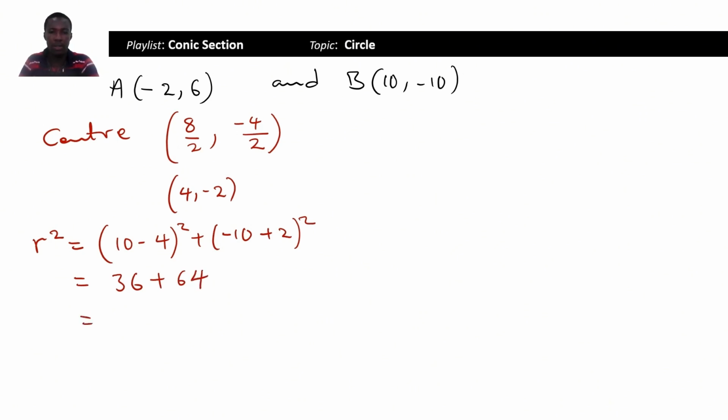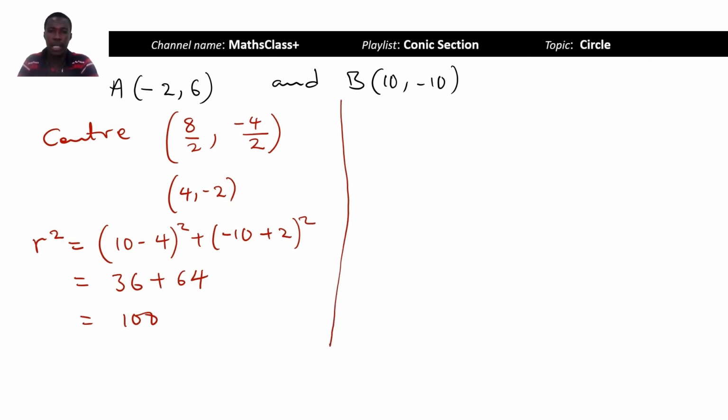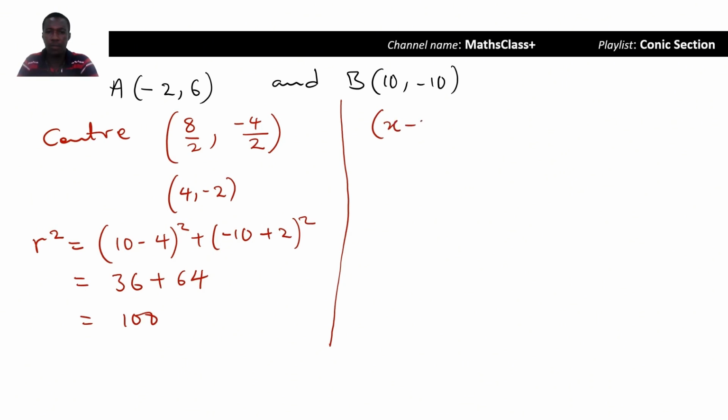That means my r squared is 100. With my r squared obtained and the center known, I'll have my equation as (x minus 4) squared plus (y minus negative 2, which becomes y plus 2) squared is equal to r squared, which is 100.